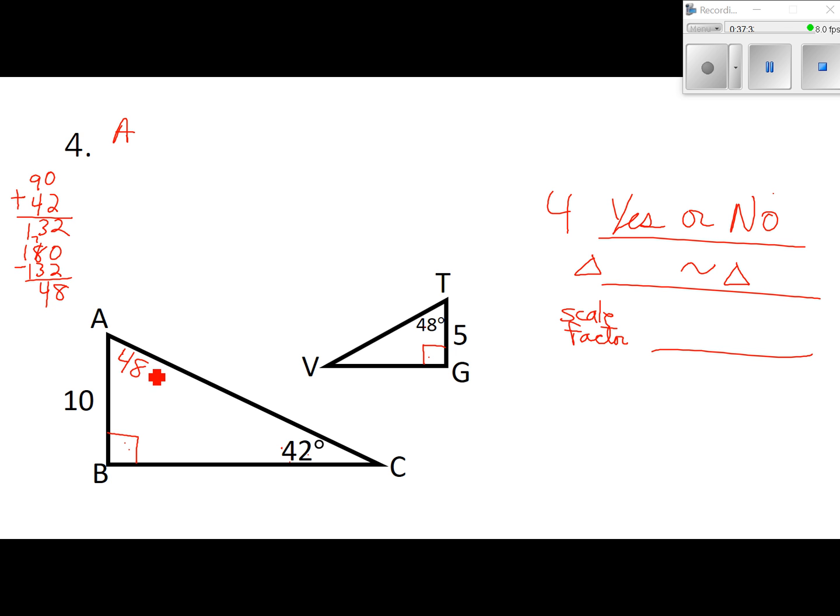So this angle up here is 48 degrees. Well, now we have this angle and this angle that match up. So that's another pair of angles. So yes, these 2 are similar because we have angle, angle. And that also tells us that this angle right here has to be 42 degrees. We can write it in there.